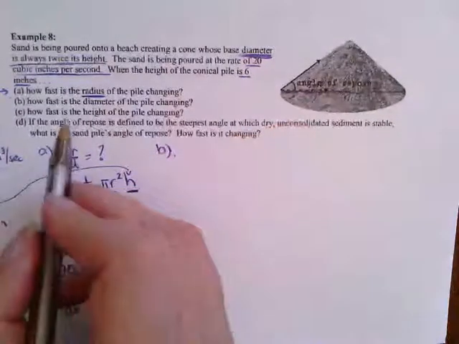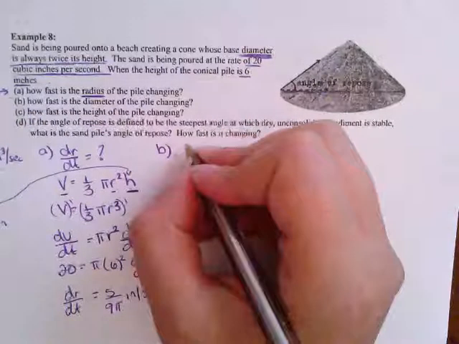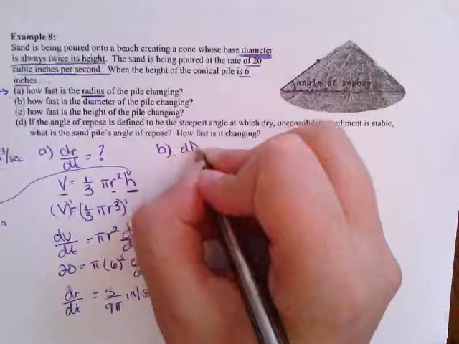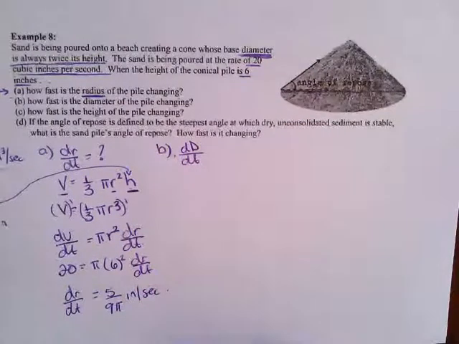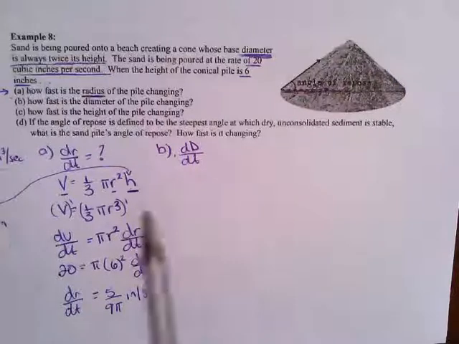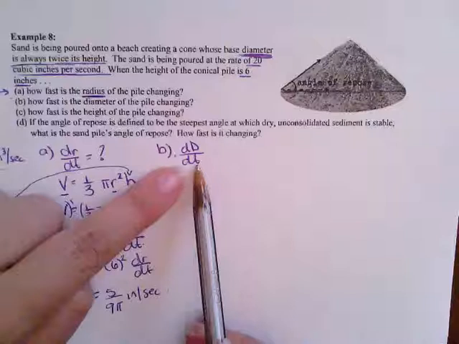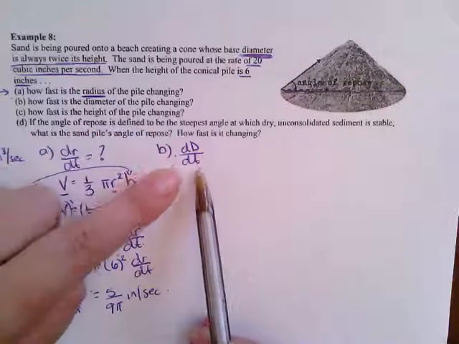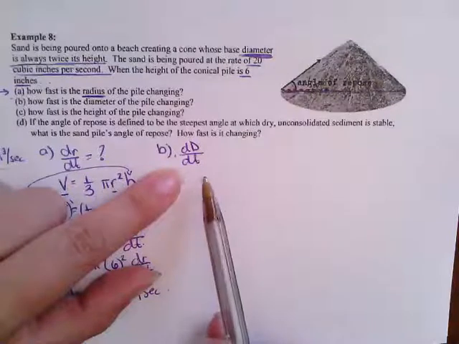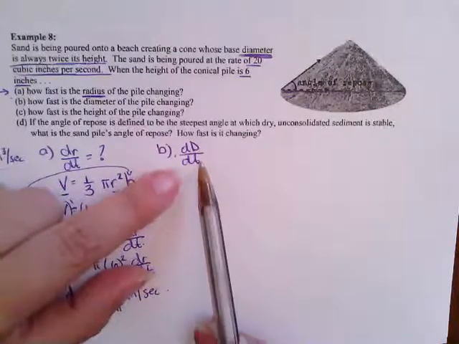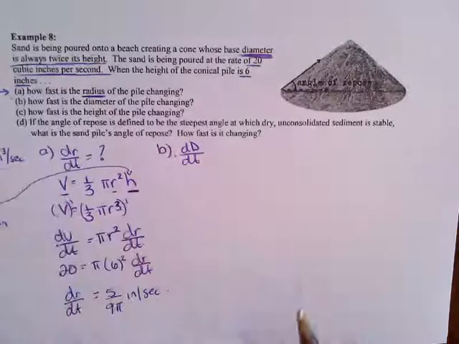All right, part B says, how fast is the diameter of the pile changing? So dD/dt. Based on the information that we have, and knowing that we need to figure out dD/dt, what equation could I use that helps me figure out what the diameter is?